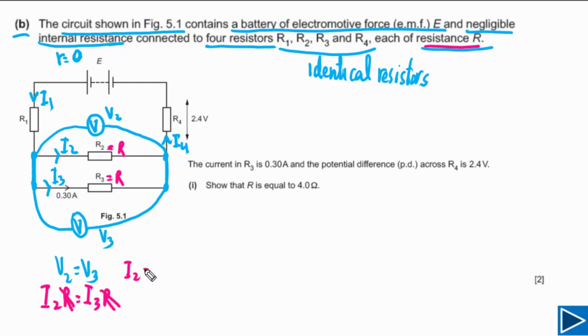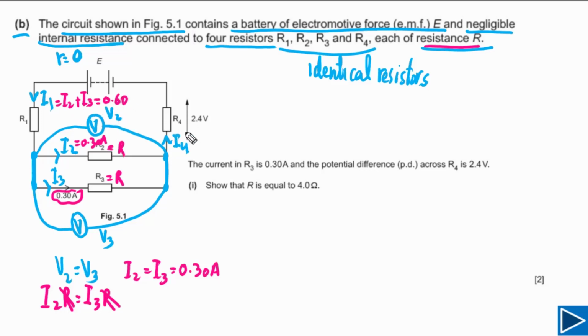We can say I2 will be equal to I3, and I3 is given in this question, that is equal to 0.30 amps. So I2 is also equal to 0.30 amps. Now from here we can write down I1. I1 is equal to I2 plus I3 according to Kirchhoff's First Law. So simply we can say I1 will be equal to 0.60.